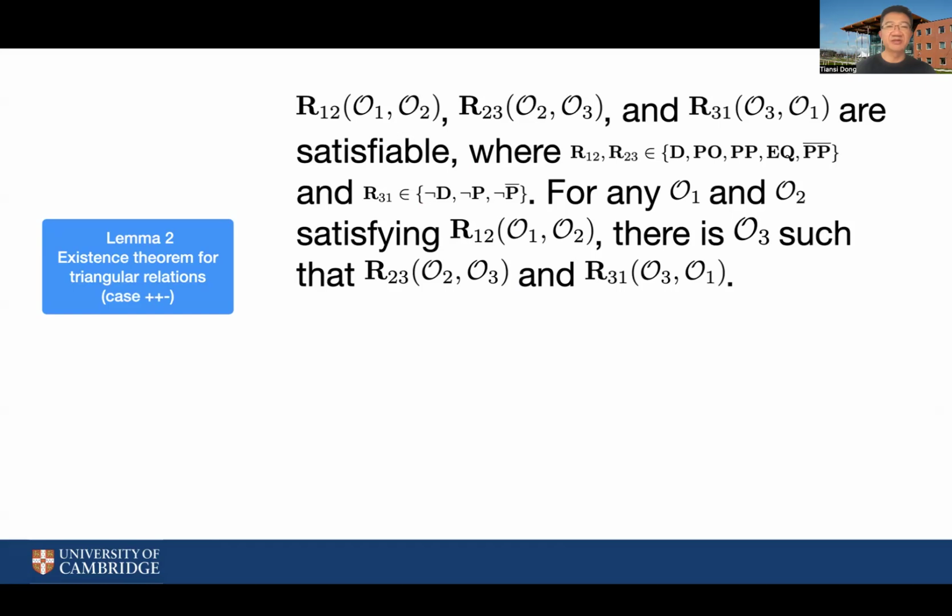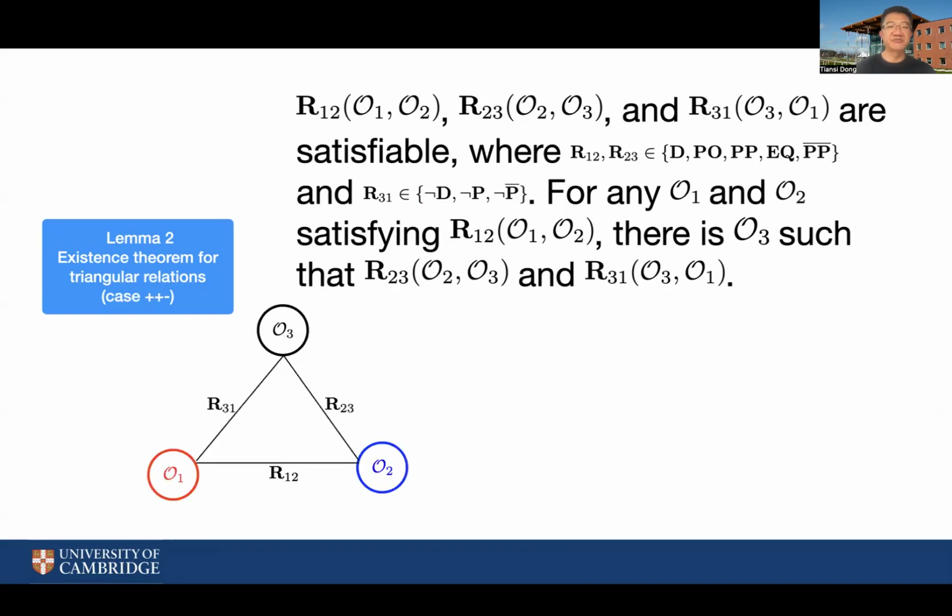What if one relation is negative? What if R31 is a negative relation, such as not D, not P, or not inverse P?